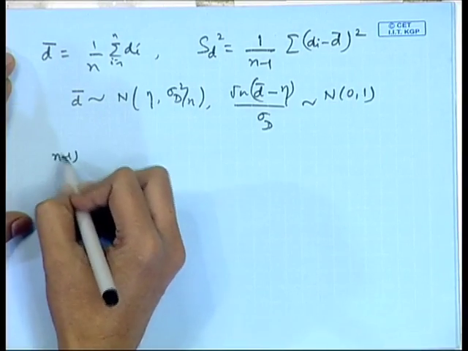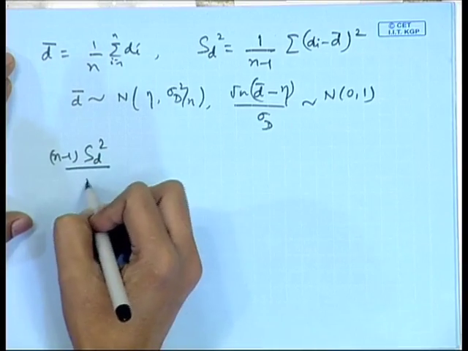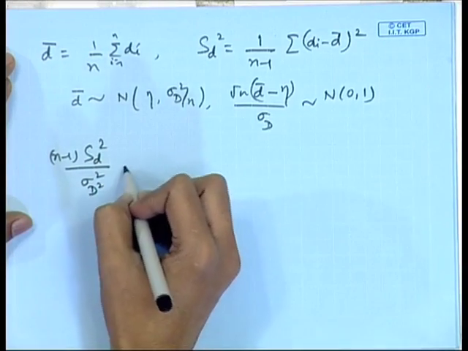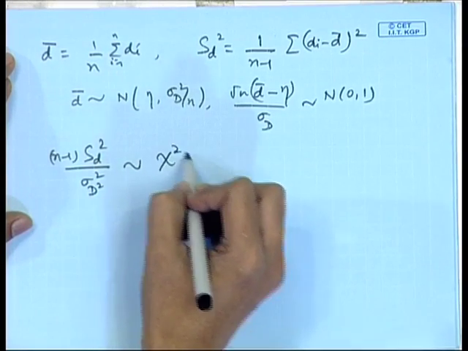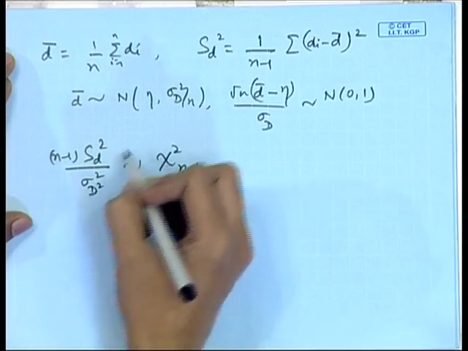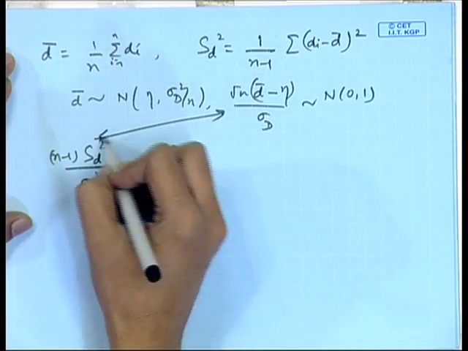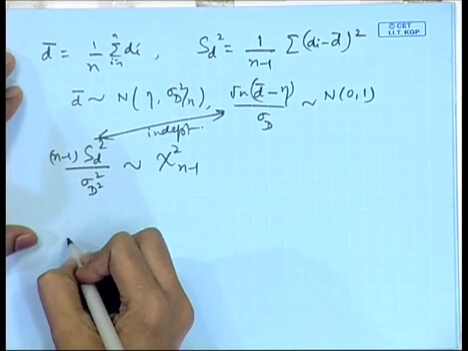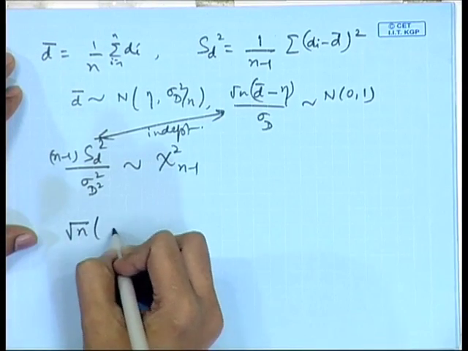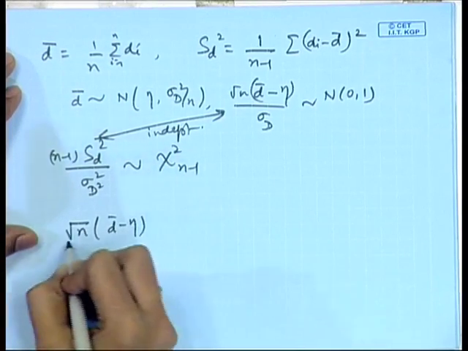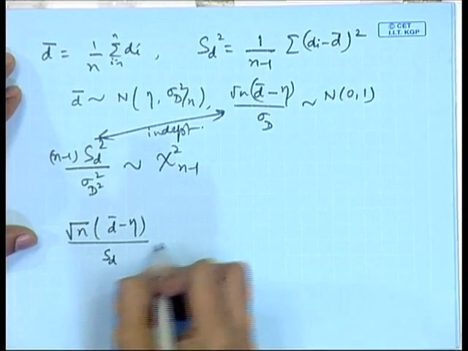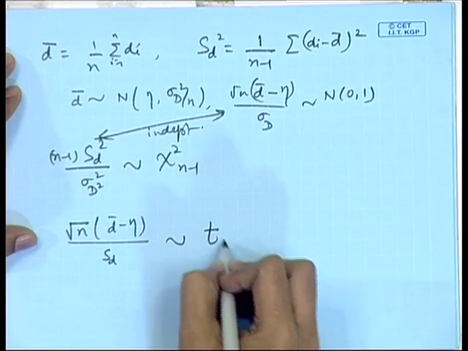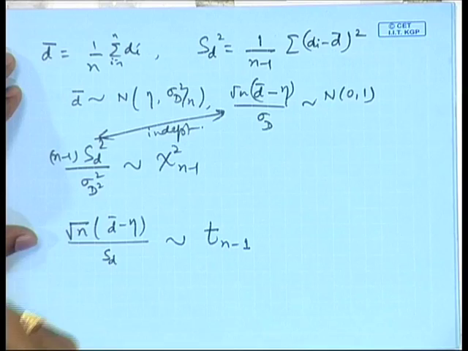Also (n minus 1) S d square by sigma d square follows a chi square distribution on n minus 1 degrees of freedom, and once again these two variables are statistically independent. So, using this, sqrt(n)(d bar minus eta) divided by S d has a t distribution on n minus 1 degrees of freedom.